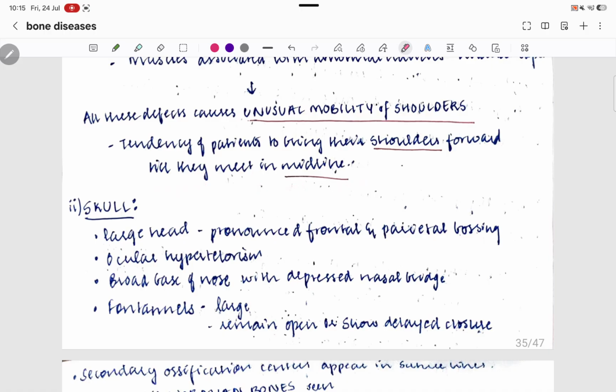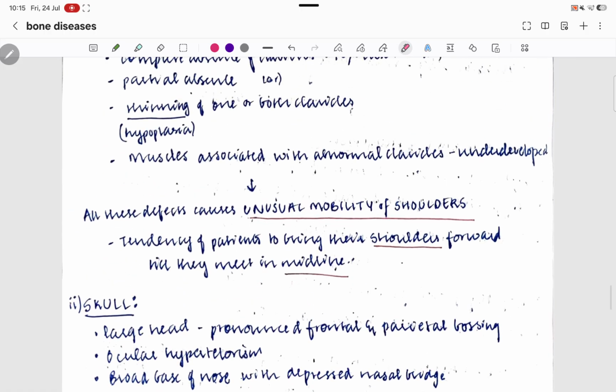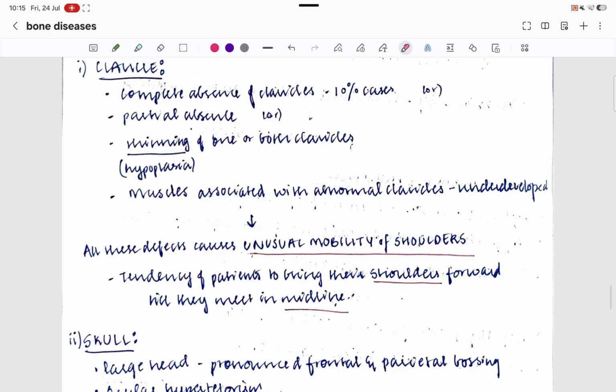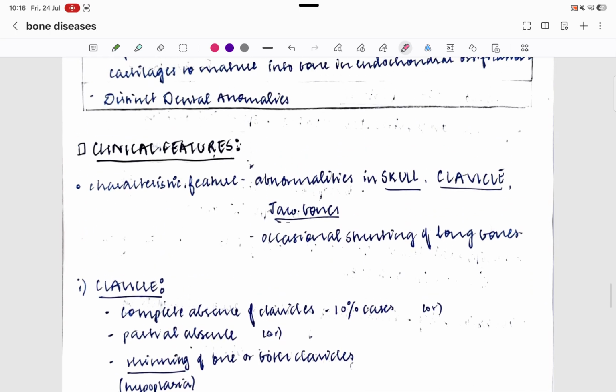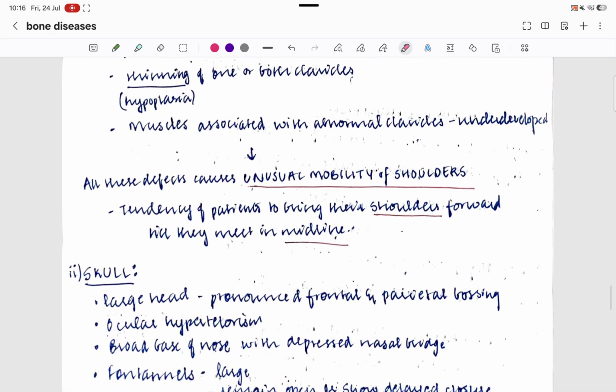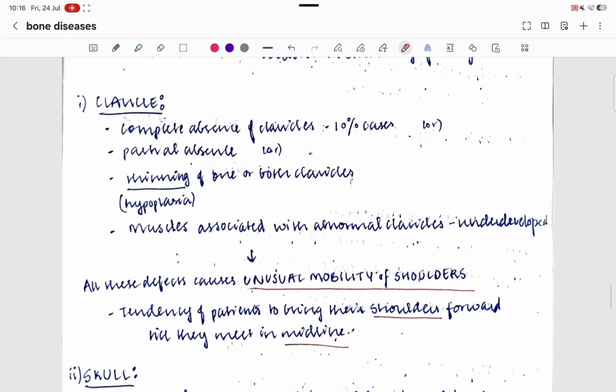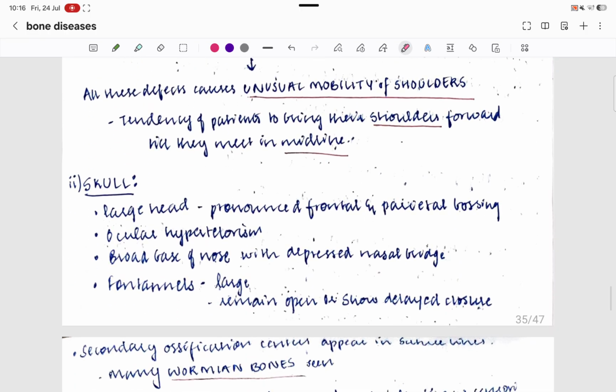Since there is a defect in the formation of the clavicle, when the patient suffering from this disorder tries to bring their shoulders forward, the shoulders can meet at the midline. A normal person will not be able to meet their shoulders, but these people will be able to because of the malformation or sometimes absence of the clavicle.